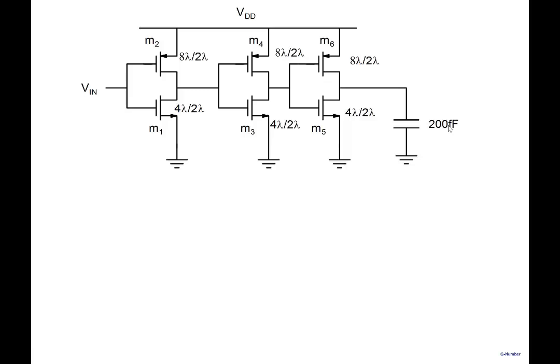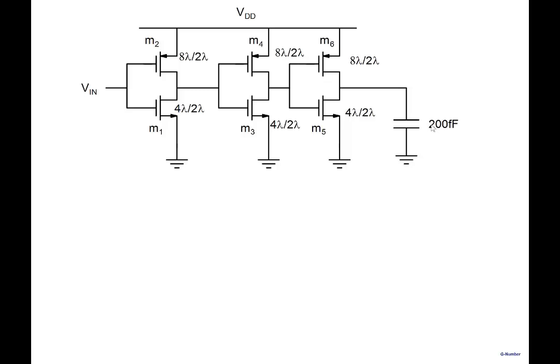For the technology that we are talking about, if I look at this inverter and its load is another inverter of the same size, the capacitive load would typically come out to be, for 0.5 micron technology, around 20 femtofarad. So the load of this inverter is only 20 femtofarad, and the third inverter here has been loaded with 200 femtofarad. So 10 times higher capacitive load.